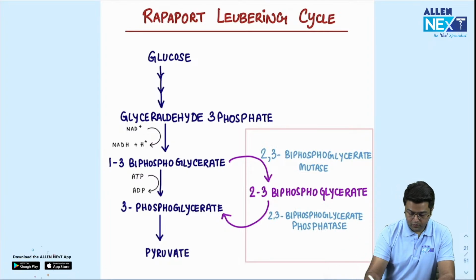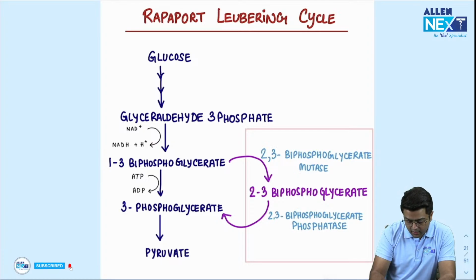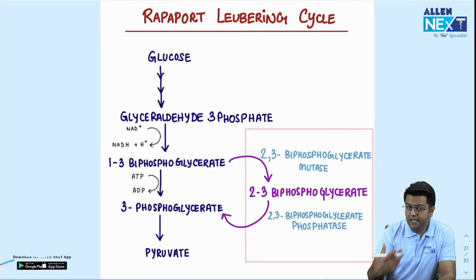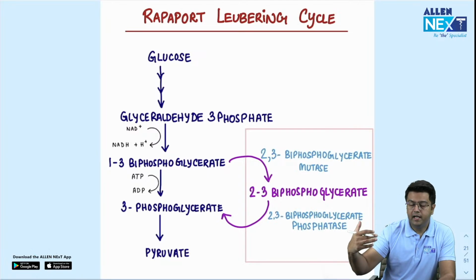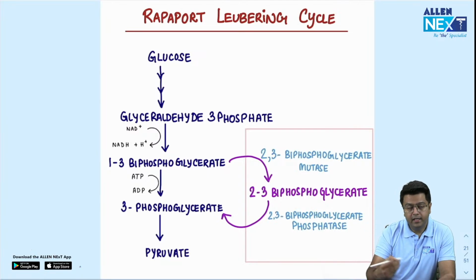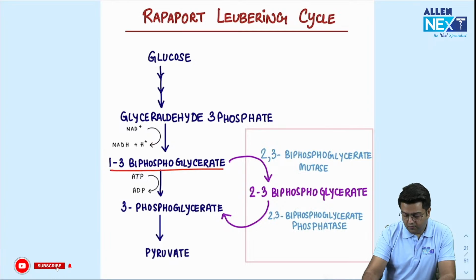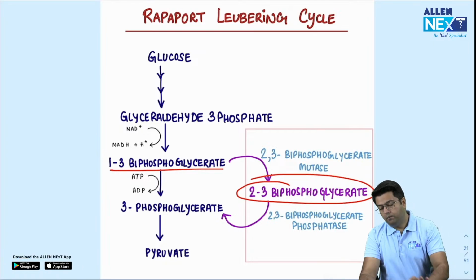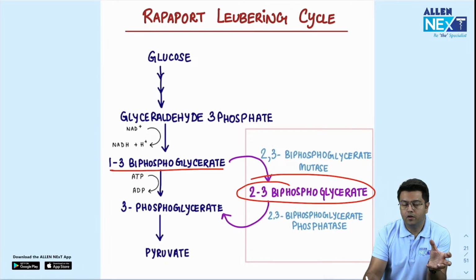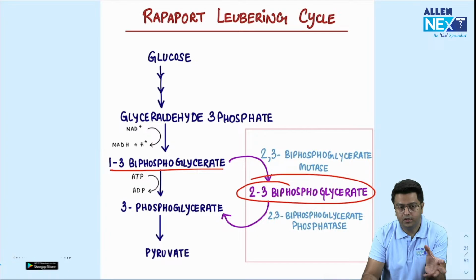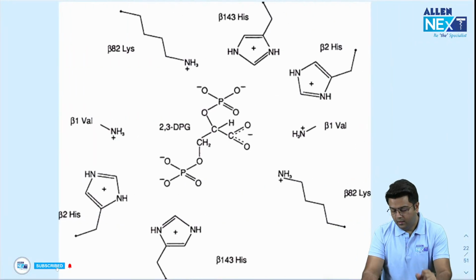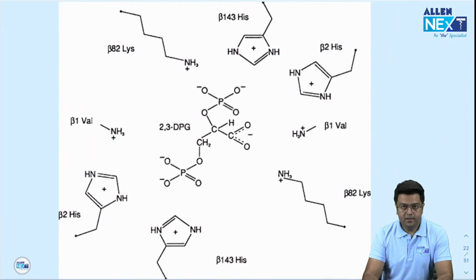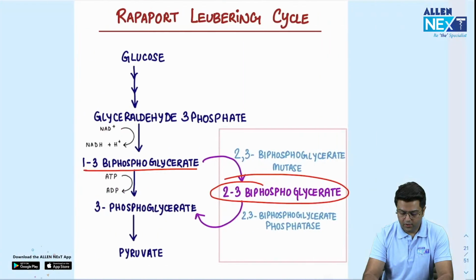So what is the Rapoport-Luebering cycle? When more oxygen release is needed, like in the anemic condition or at high altitude, the 1,3-BPG converts into 2,3-BPG, and it binds with the beta subunits of the hemoglobin, between the two beta subunits.